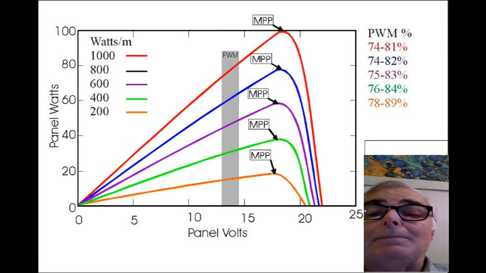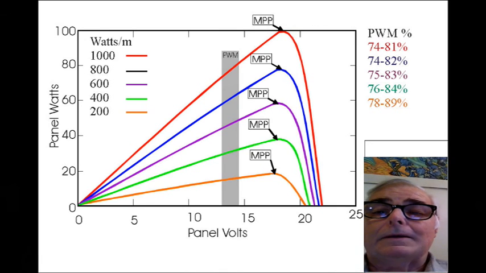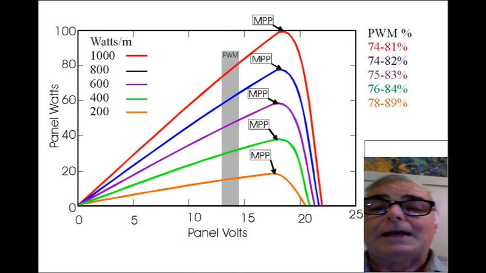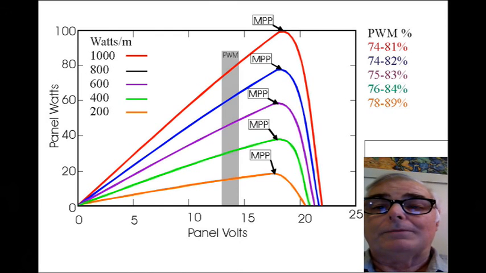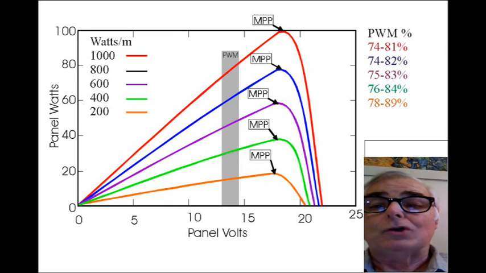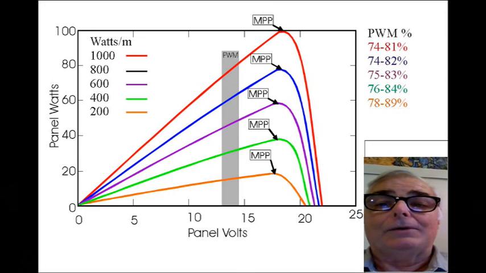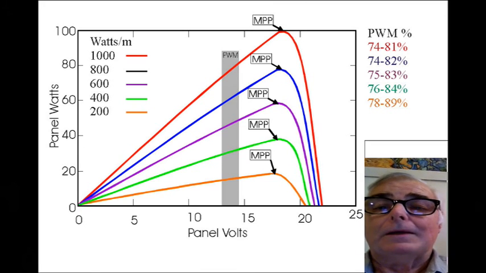But what about a PWM controller? PWM controllers pass amperage directly from the solar panel to the battery without changing it. However, they operate at a voltage lower than the panel voltage, and in fact, they tend to pull the panel voltage down to the battery voltage or the charging voltage. The gray box labeled PWM is the voltage range at which PWM charge controllers work for 12-volt batteries.